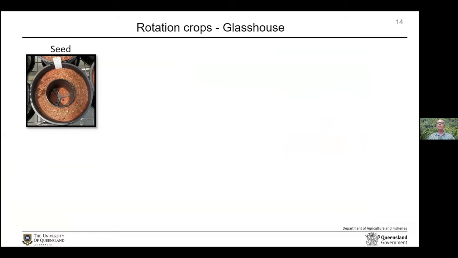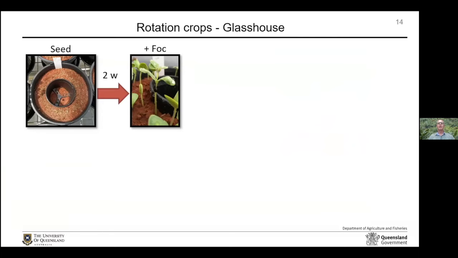The way that we've been screening these in Australia is to do what we call a pot-in-pot experiment, where we have a pot inside another pot, and in between is filled with soil and our test species. We grow the seed, and 2 weeks later, this is inoculated with an FOC isolate.